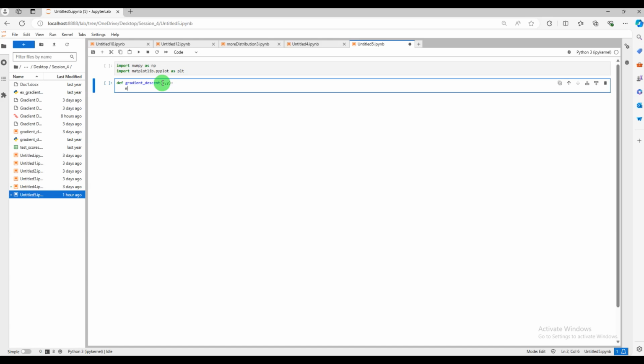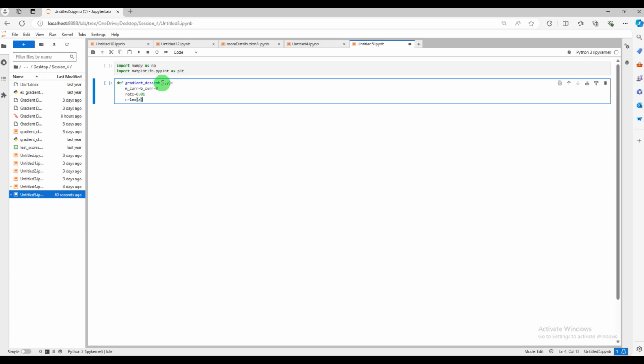So m_curr equal, b_curr equal 0, and define our learning rate for the gradient descent algorithm. learning_rate equal 0.01, enter, and define n equal len(x), to store the number of data points in n, enter.